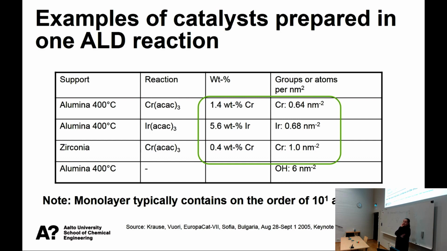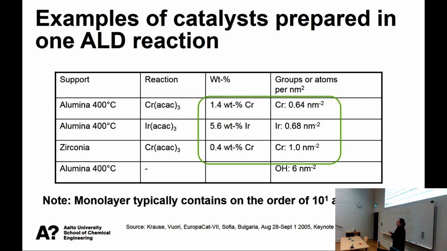But then when you start to look at the amounts in the units that I really like, you convert them from the weight-based units, which are important because we always pay by weight, we need to know this, but to think of the atoms on the surface. I want to see and think of the atoms.